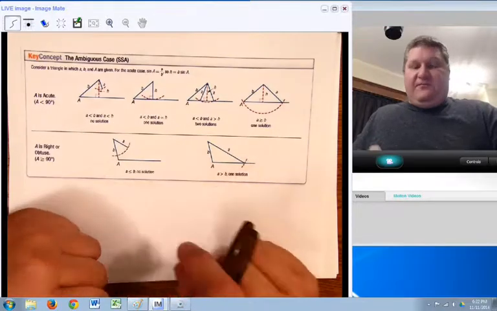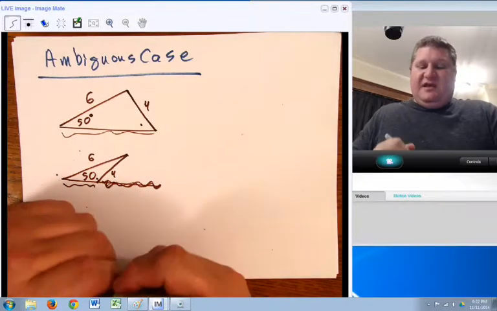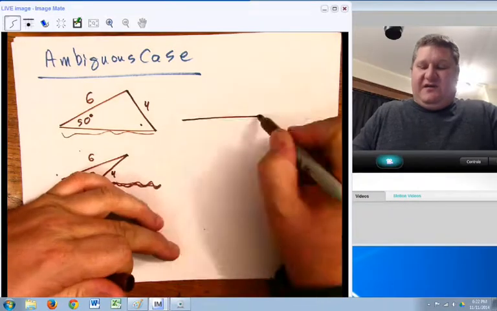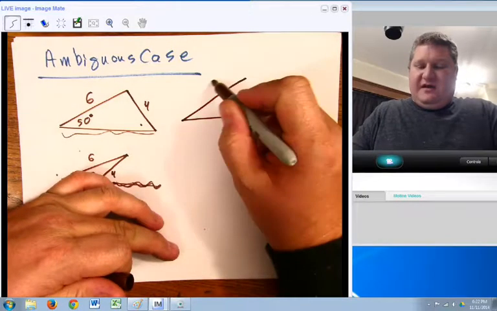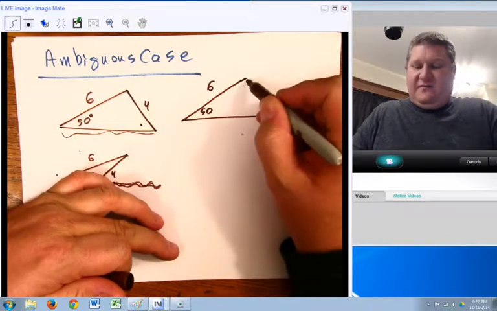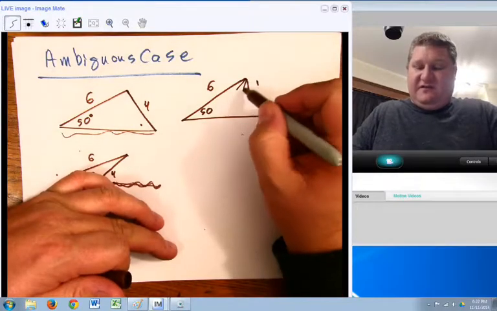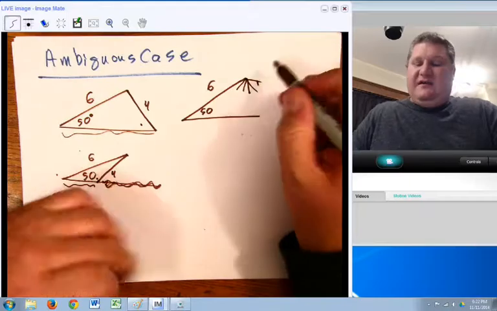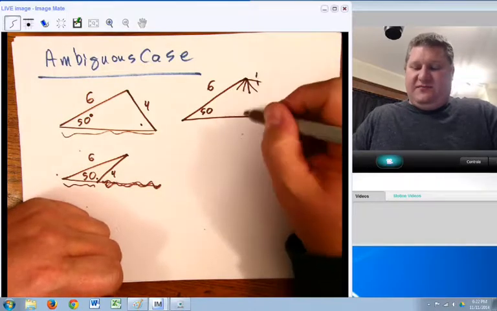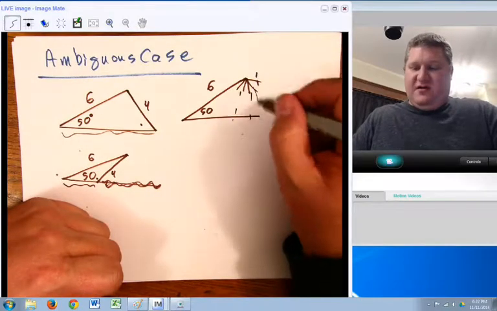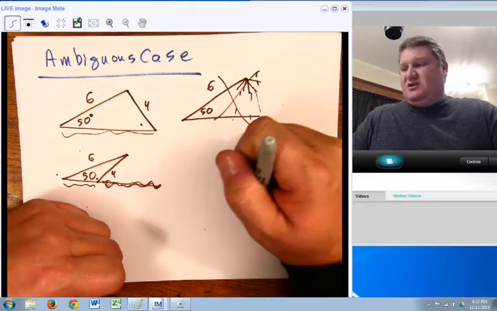However, if it's acute, if I have my same 50 degrees and I have my same 6, if I have a little side of 1 here, it doesn't matter whether it's kicked in like this or here or here or here, it's never going to be long enough to reach all the way down to the bottom. So it does not make a triangle.